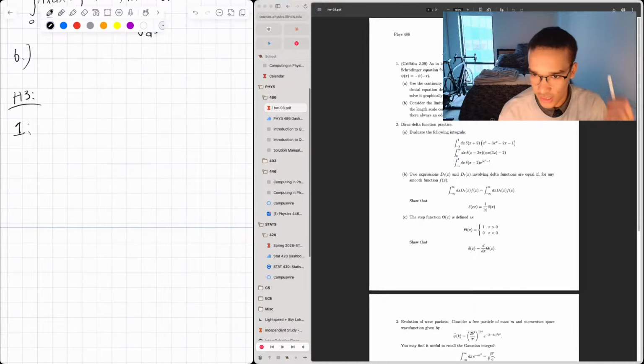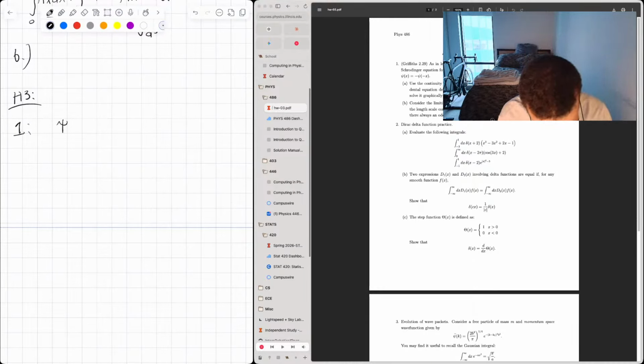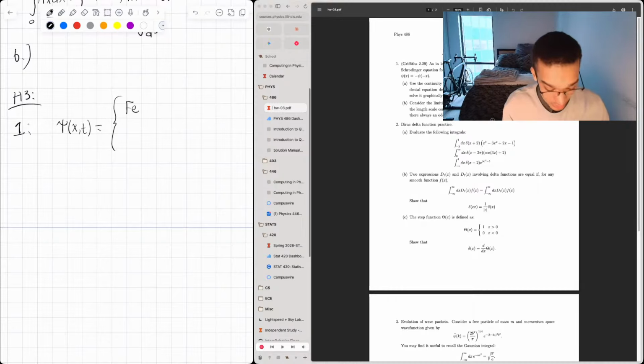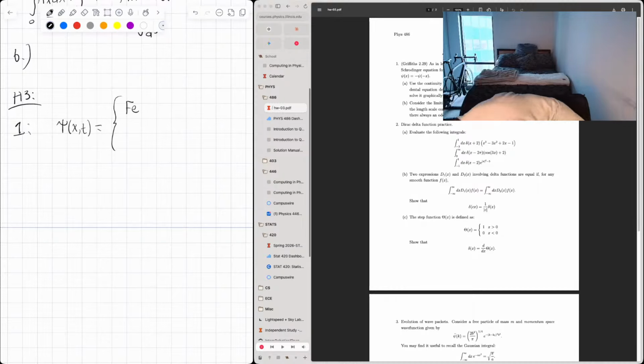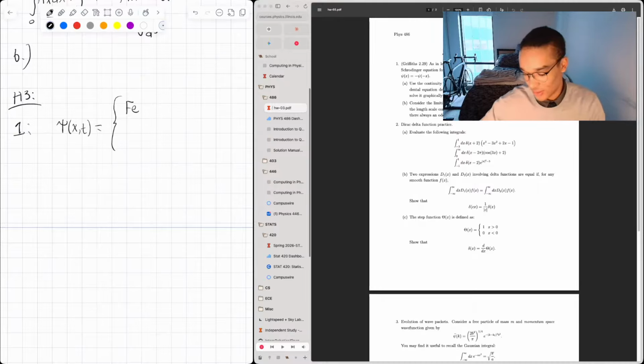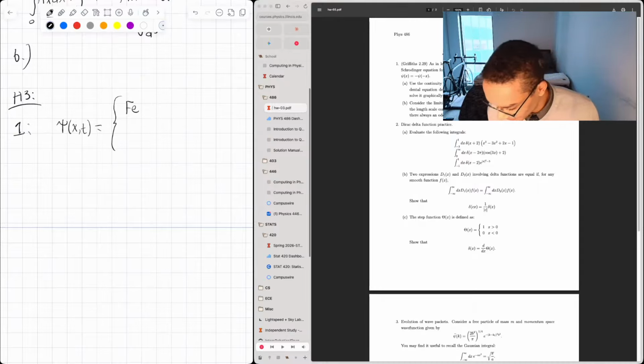Odd functions. Okay, so this is a finite square well. The problem is, I kind of remember these questions by heart. It's like F e to the something. We'll just use my equation sheet, actually, because if this information is not on my equation sheet, then we'll have a problem.